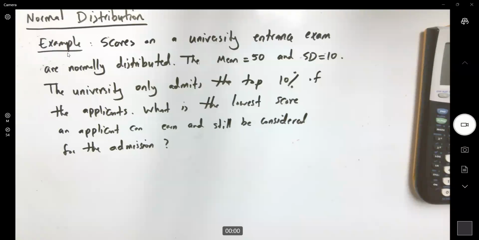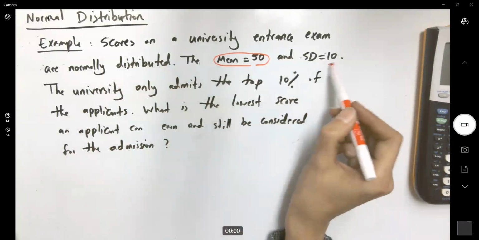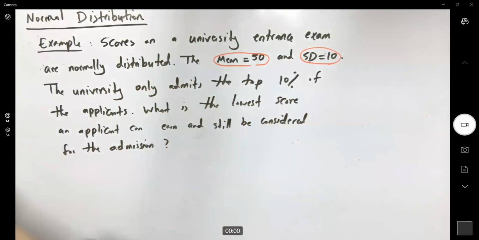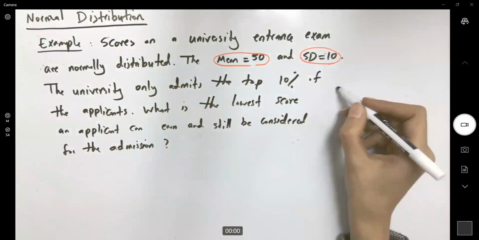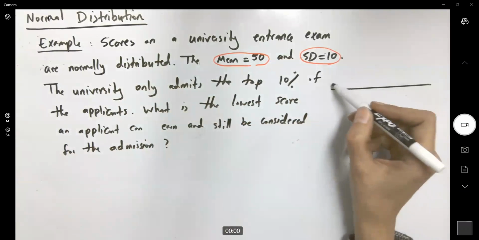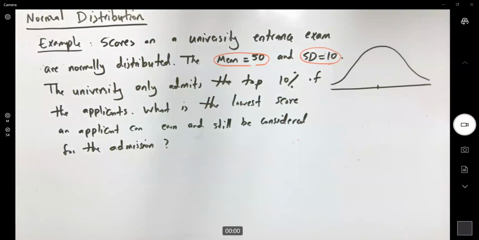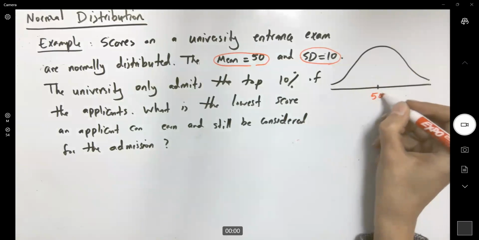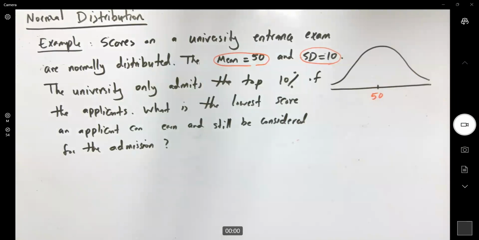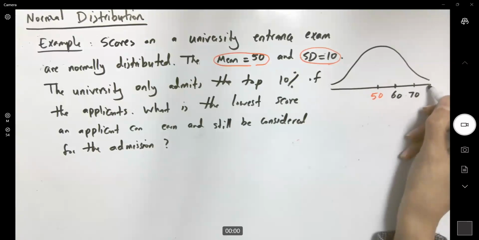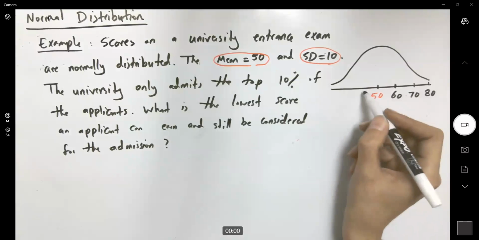So what do we have? You have a normal distribution, you have your important information, 50 as the mean, standard deviation as the 10. So how do we visualize this? Let's try to visualize the graph, the normal distribution. The mean is 50. Mean plus 1 standard deviation, 60. 2 standard deviations, 70. 3 standard deviations, 80.